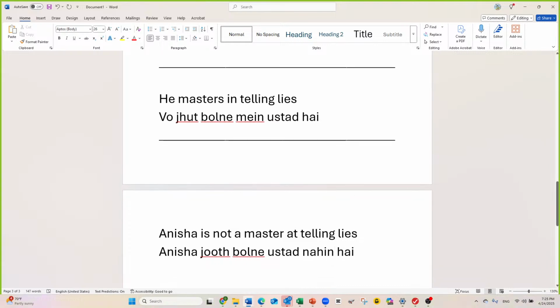I think that's what I said. No, you said nahi ustad hai. You put nahi before. Okay, so say अनीशा झूठ बोलने में उस्ताद नहीं है. Very good.